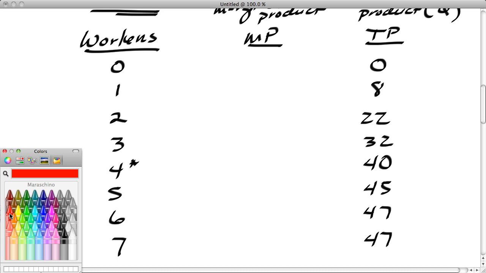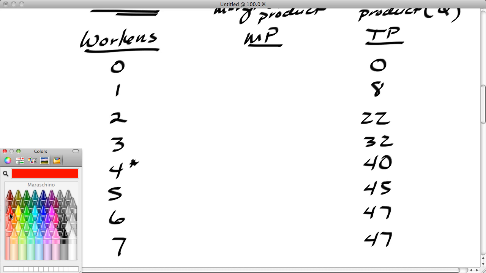Okay? When we say that 3 workers can make 32, we're not saying that the third worker, Bill, added 10. We're saying that 3 workers can make 10 more than 2 workers can. Again, they're all working equally hard. So if 3 can make 32, then it must be that each of them on average is making 10 2/3. Okay?